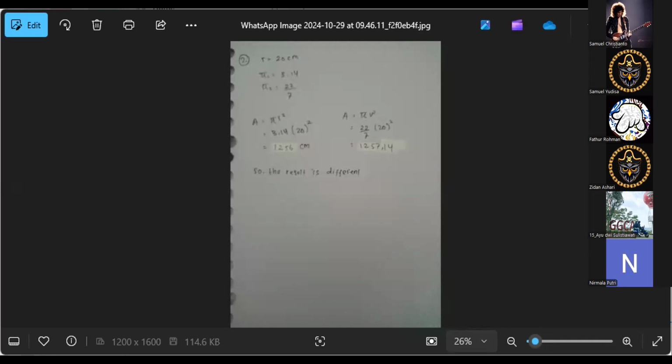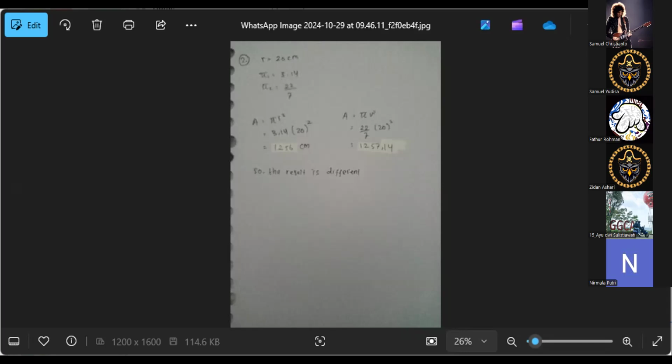For the first pi we have 3.14 multiplied by 20 to the power of 2, and the result is 1,256 centimeters squared. With the second pi, the result is 1,257.14. The results are different.